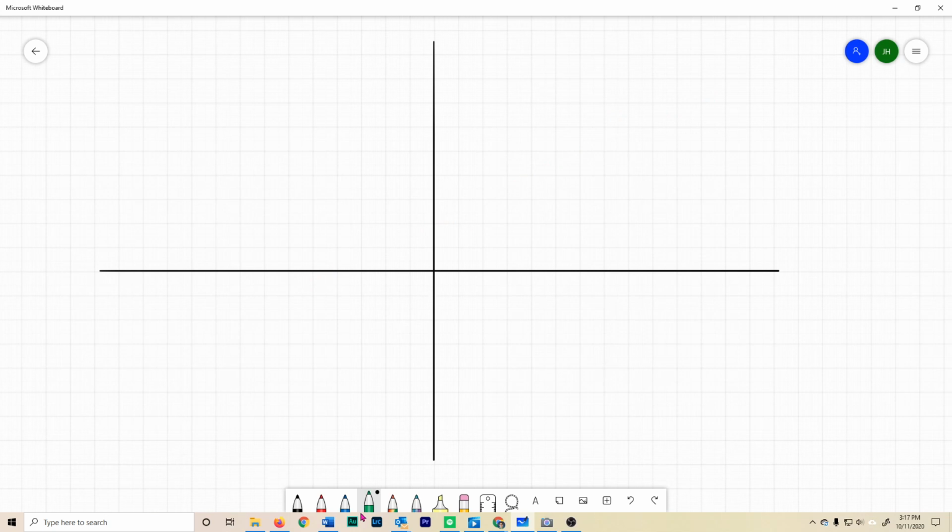Cool. Now let's take a look at perpendicular lines. If I have two lines, let's just say these are straight lines again, and they meet at a 90-degree angle, meaning you could draw that little 90 degrees, that means they're perpendicular.